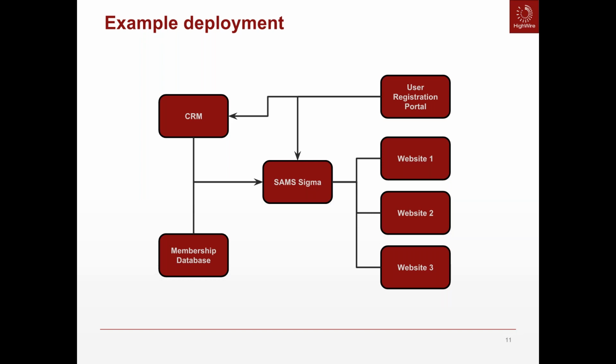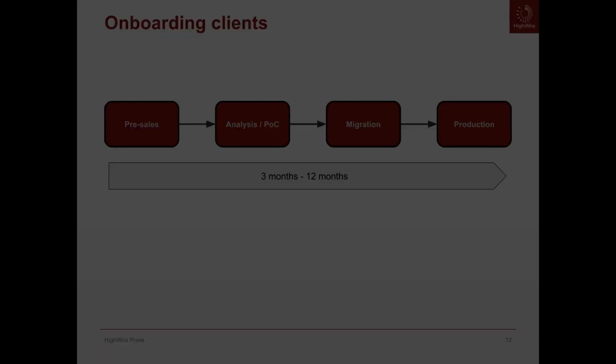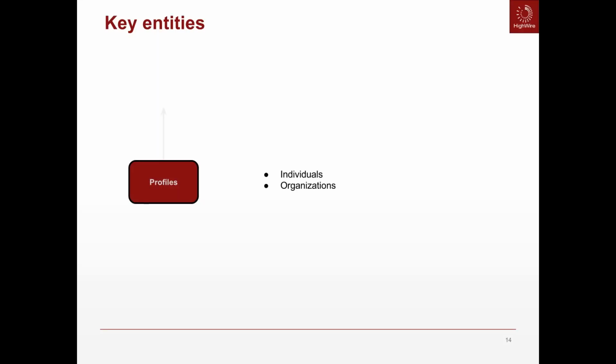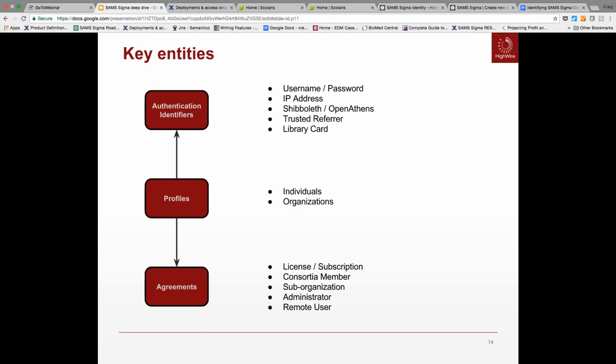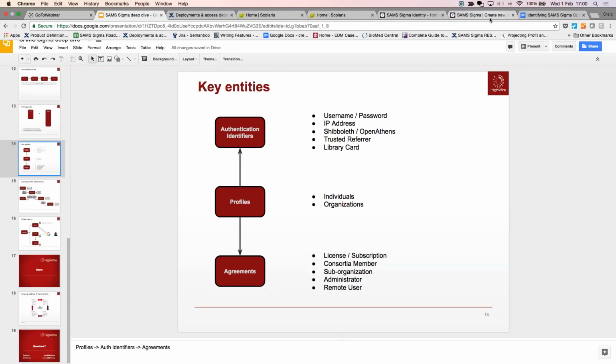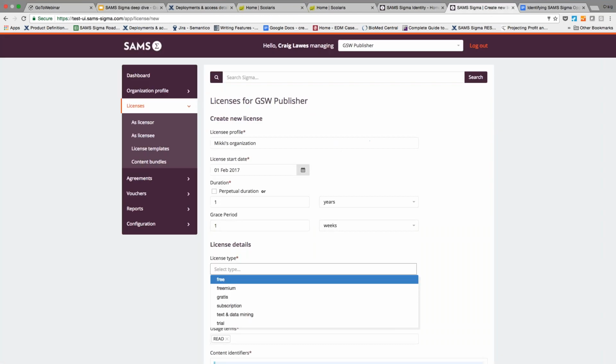Oh, in the demo? Is this in a license? So the license type. Yes, in the demo, it's the last screen showing under institution. So is this the license type, do you think? The free, freemium, gratis, subscription, text and data mining or trial, where they can set the terms of the license?